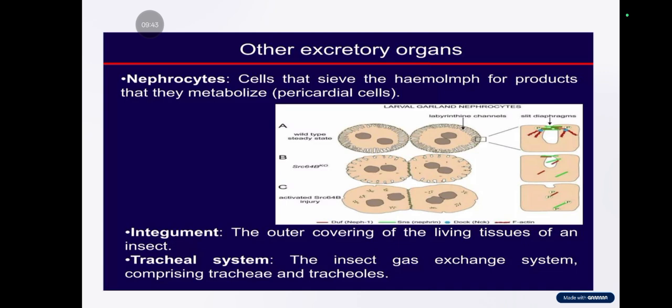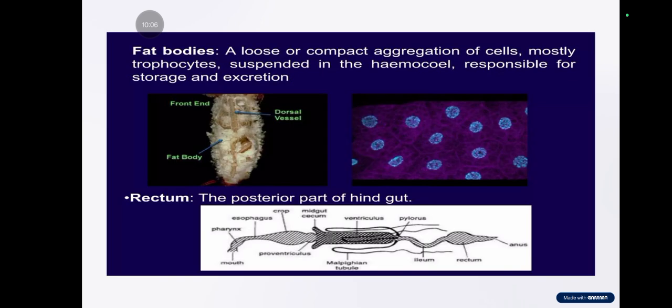The other excretory organs. The nephrocytes. Nephrocytes are the cells that sieve the hemolymph for products that they metabolize, pericardial cells. Integument. They are the outer covering of the living tissues of an insect. So next is tracheal system. Tracheal system consists of tracheae and tracheoles. Fat bodies.